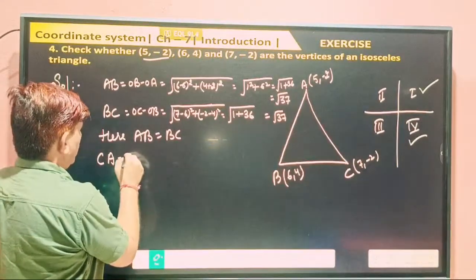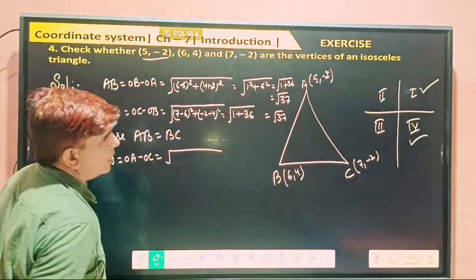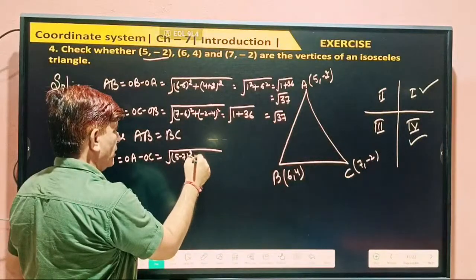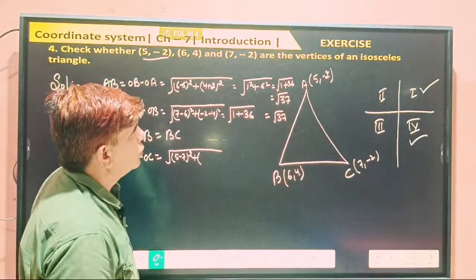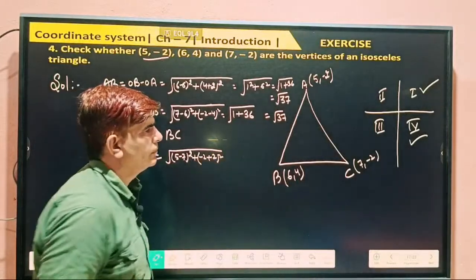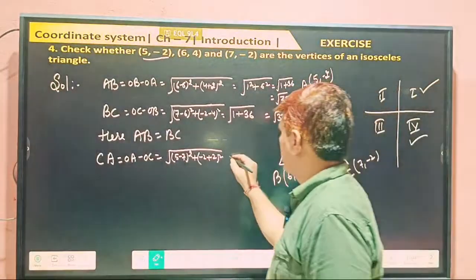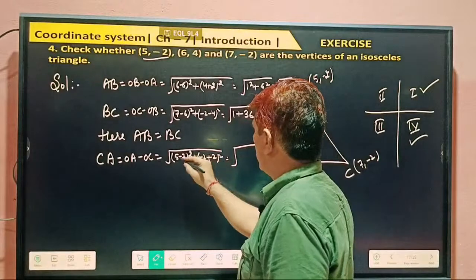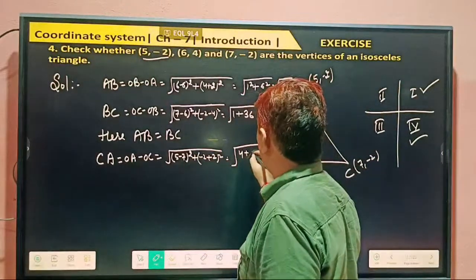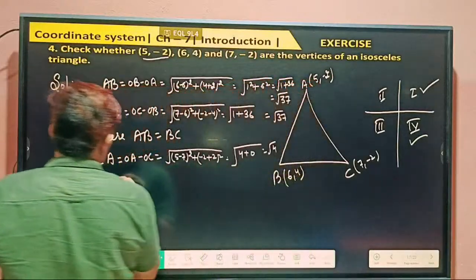Not needed, but we can find: OA minus OC equals OA 5 minus 7. 5 minus 7 whole square plus minus 2 plus 2 whole square. Minus 2 and this becomes plus. So how much is this? 5 minus 7 is minus 2, square 4, and this 0 plus 0 is equal to what? Under root 4.